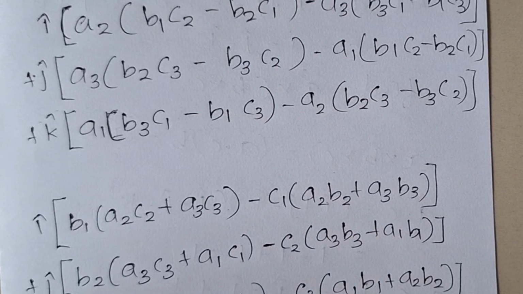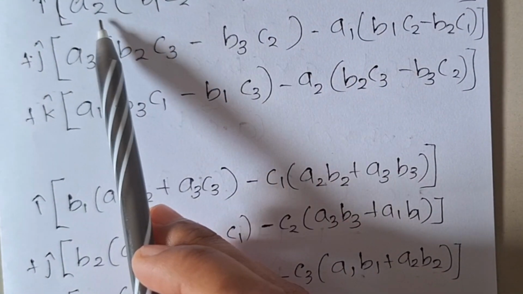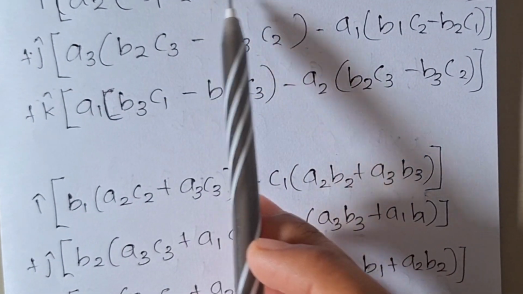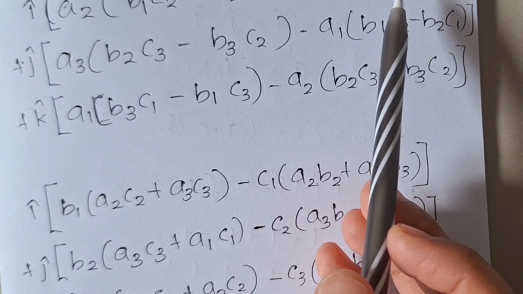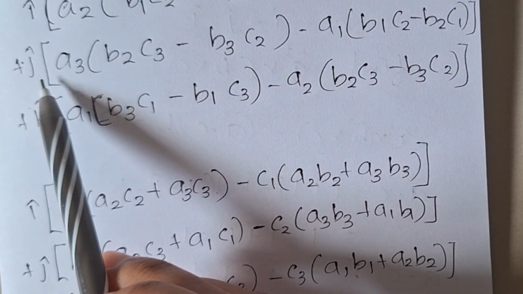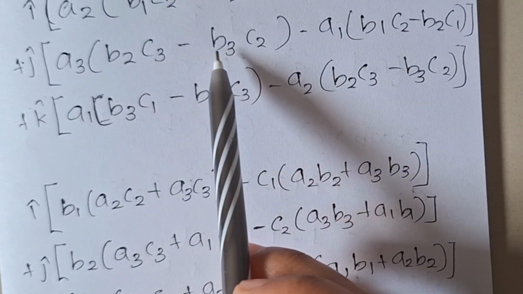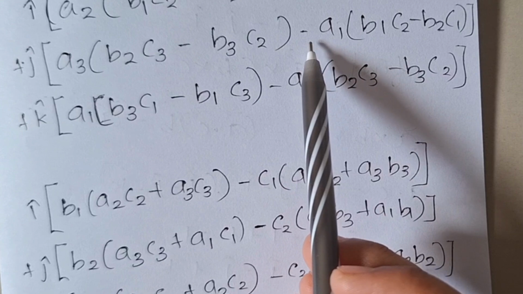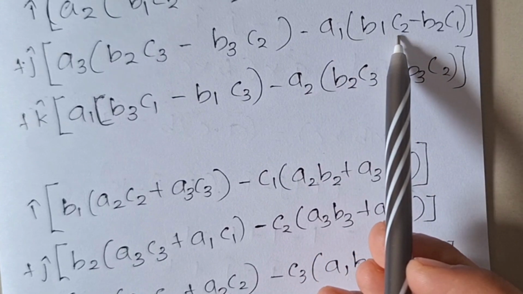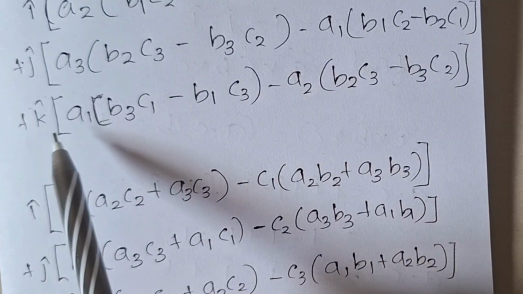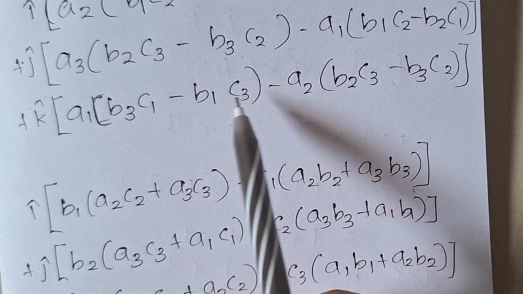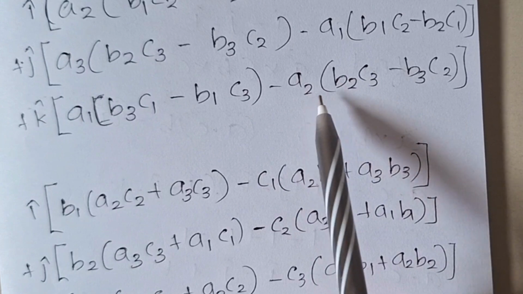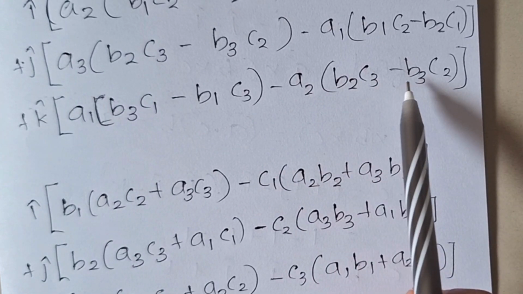By doing the determinant operation in the same way, we get I into (A2 (B1 C2 minus B2 C1) minus A3 (B3 C1 minus B1 C3)) plus J into (A3 (B2 C3 minus B3 C2) minus A1 (B1 C2 minus B2 C1)) plus K into (A1 (B3 C1 minus B1 C3) minus A2 (B2 C3 minus B3 C2)).